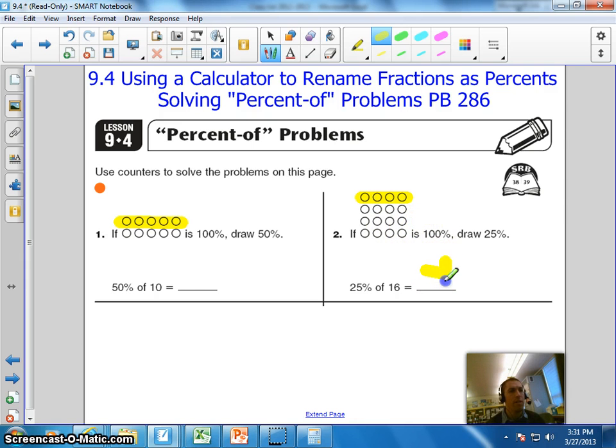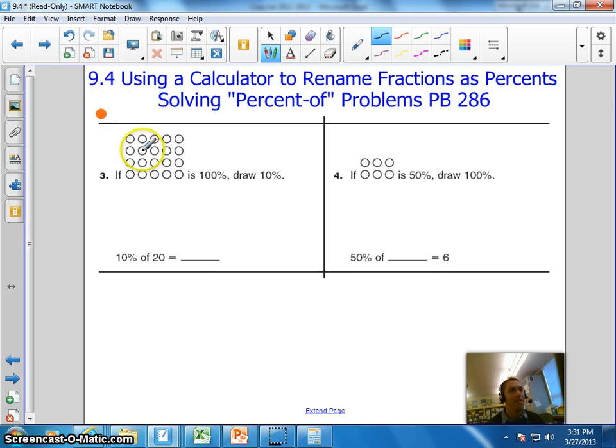So the answer here, I'll try to draw out the highlighter, and that did not work. So I'm going to do over here. 10%, well, 10% of, I got 5, 10, 15, 20. 1/10 of 20 is 2. So I'm going to put that in here. I think that's right.